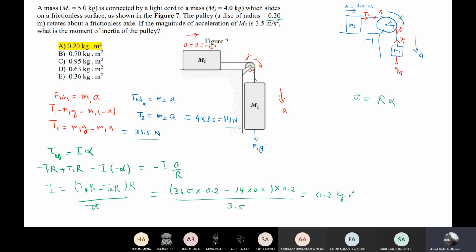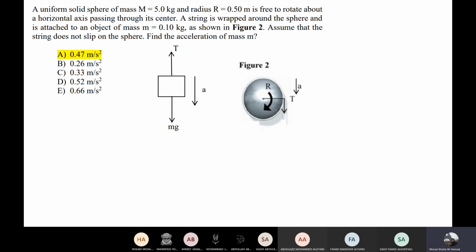In other questions, you need to find what I is. It is mr squared, 2 over 5 mr squared, and so on. You need to know the direction of rotation to know the sign, whether it is minus or positive.